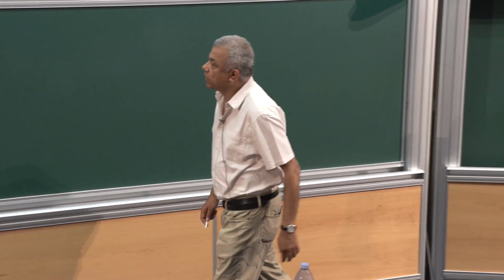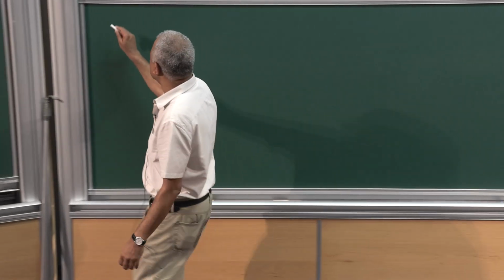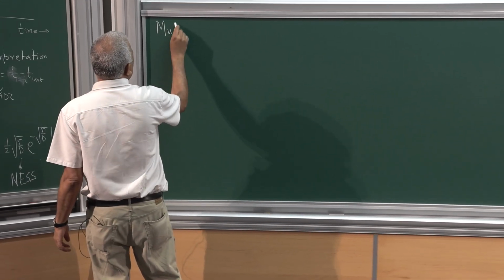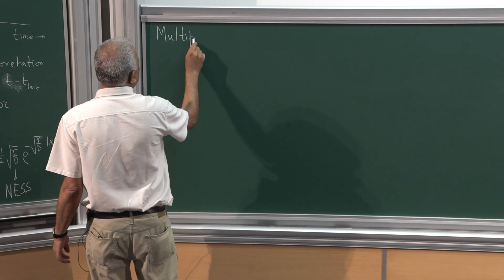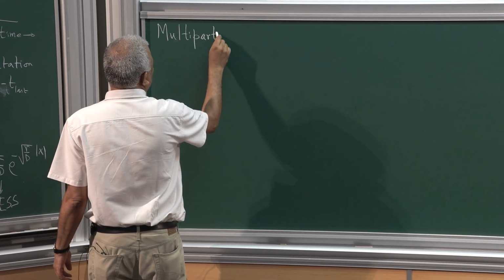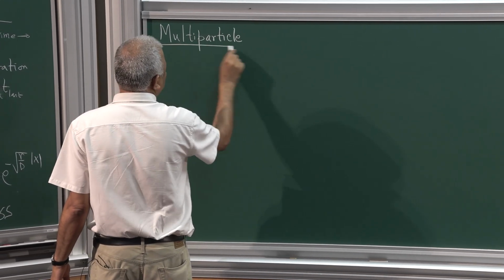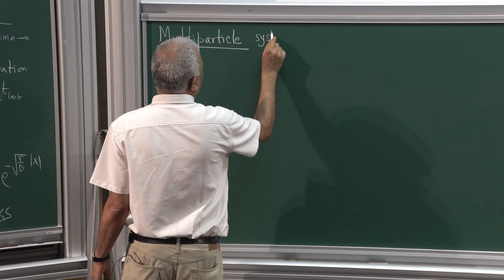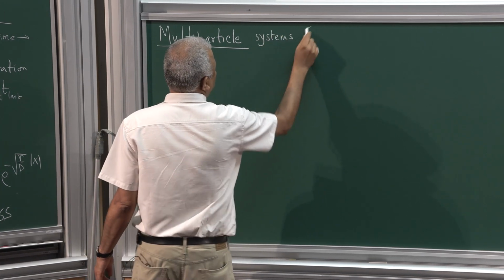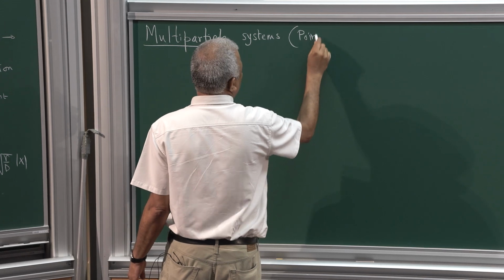So I want to do the generalization now to multi-particle systems. And I want to just create a gas which is out of equilibrium, which is driven by the stochastic resetting. So it's a multi-particle point process out of equilibrium.